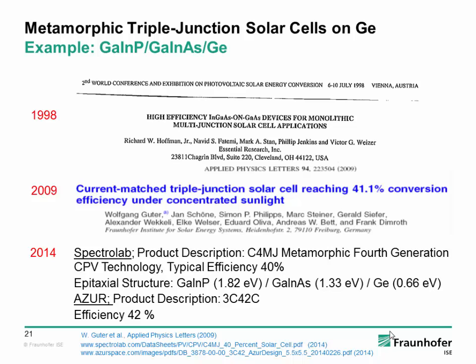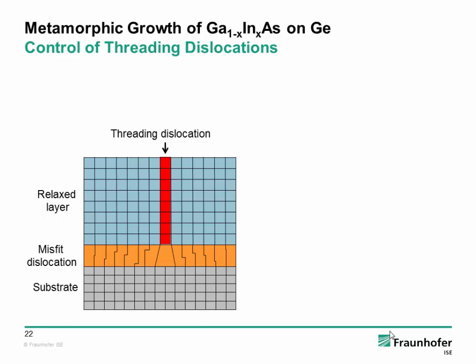And today you can find by the companies Spectrolab and Azur that the highest efficiency products always have metamorphic structures. So I think that shows very nicely that to develop a new product you also need some time to develop this technology, but at the end I think we could really put that very quickly into an industrial product.